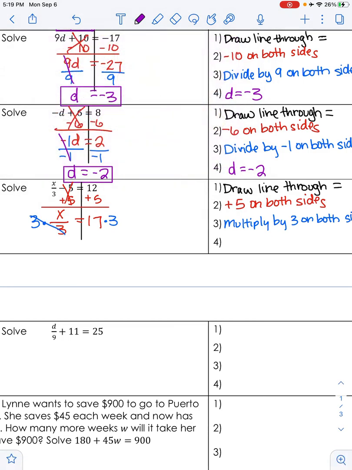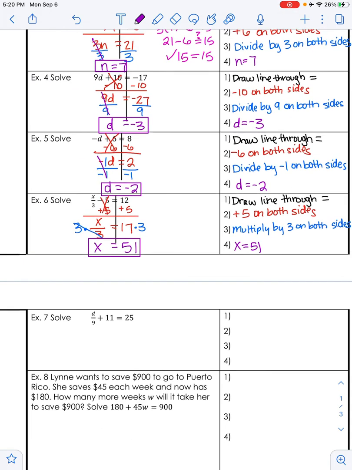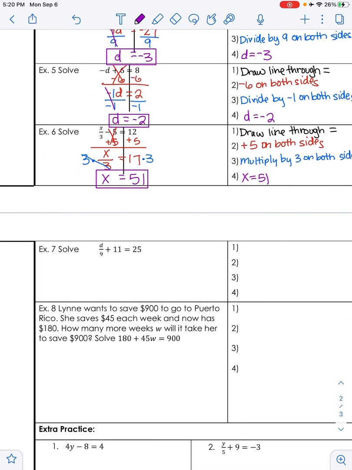So when I do that, I'm left with x. And 17 times 3 is 51. So x equals 51.